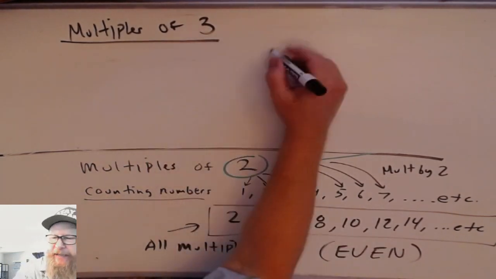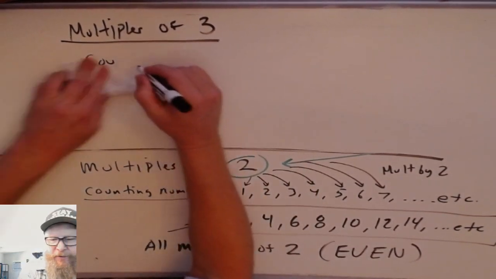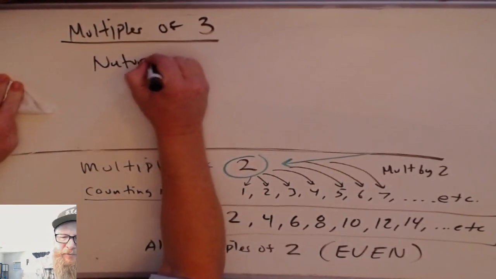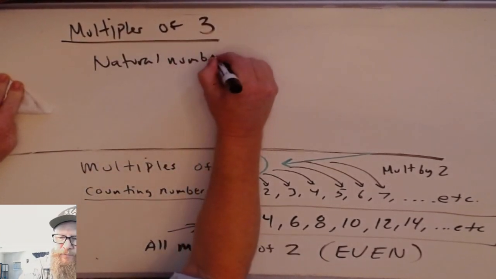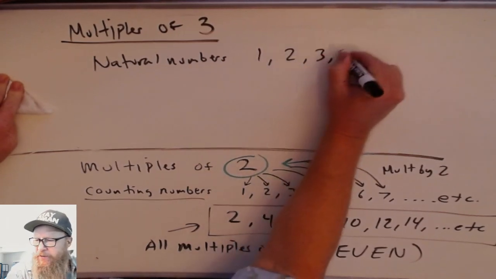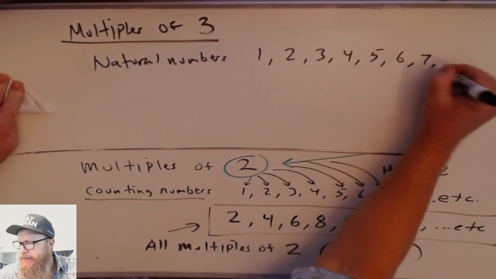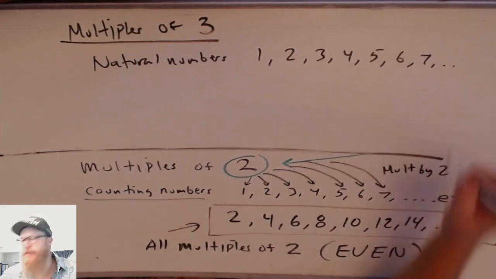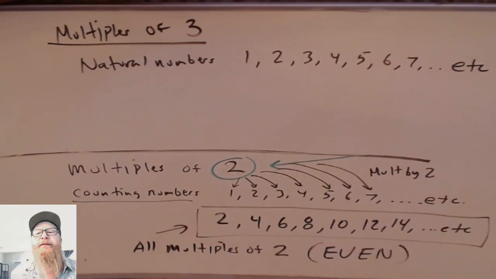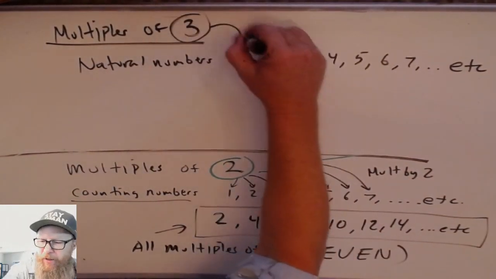So again, we take the counting numbers, or the natural numbers. I like to say natural. 1, 2, 3, 4, 5, 6, 7, etc. And we're going to multiply them all by 3.